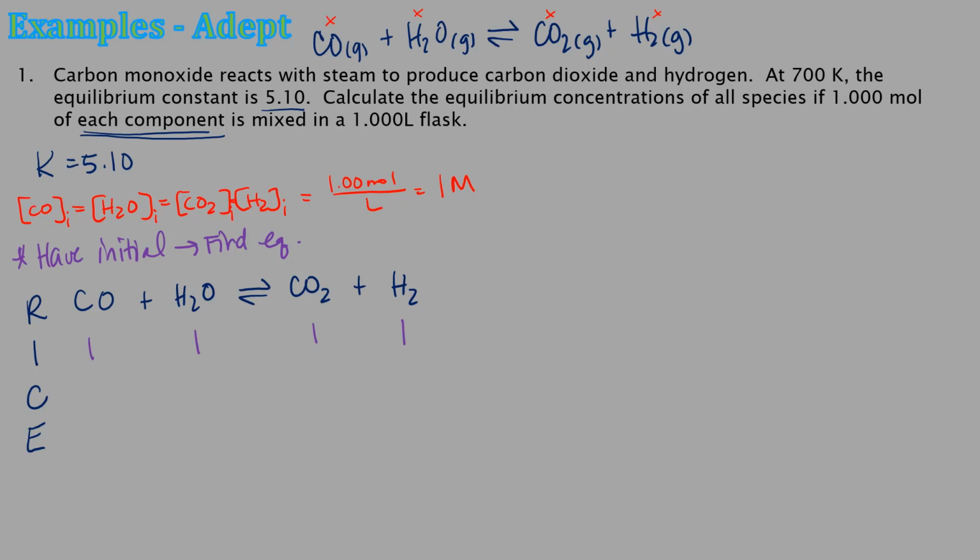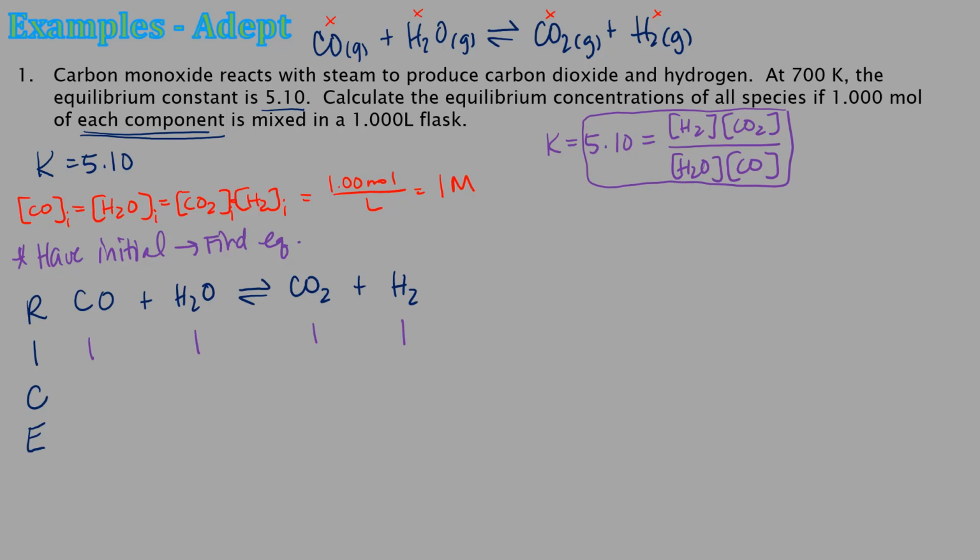And the only other piece of information that I can get out of this is that my K, that's equal to 5.10, will be equal to the equilibrium concentration of H2 times the equilibrium concentration of CO2 divided by the equilibrium concentration of H2O times the equilibrium concentration of carbon monoxide. So I have this. I have these two things and that's it.